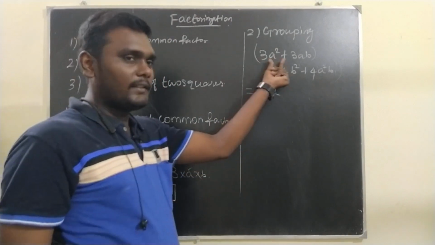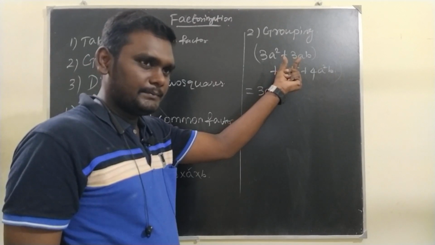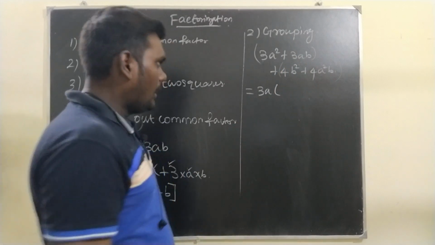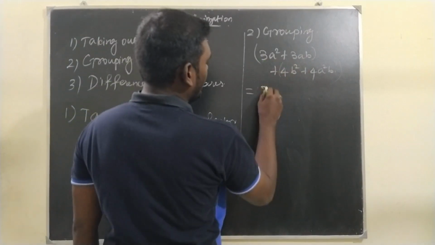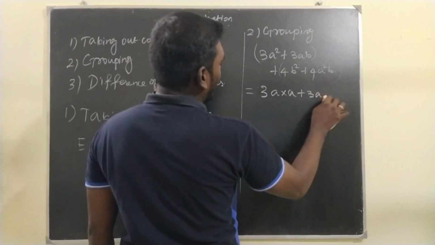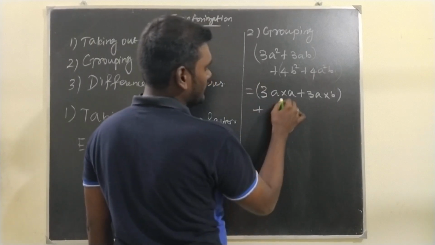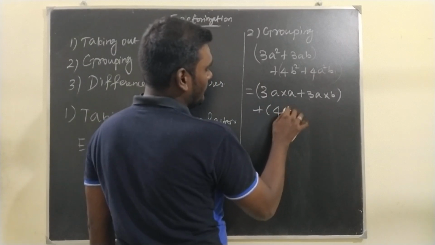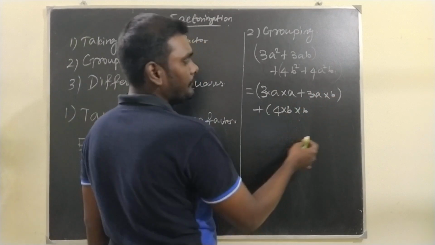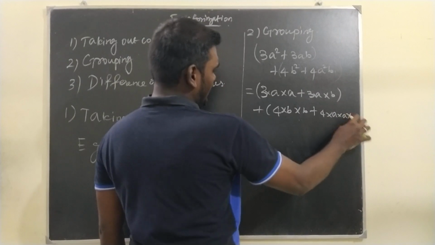Or do you want me to express the same into product form first? That would be fine, I think. I'll write. See, 3a into a plus 3a into b plus 4 into b into b plus 4 into a into b.